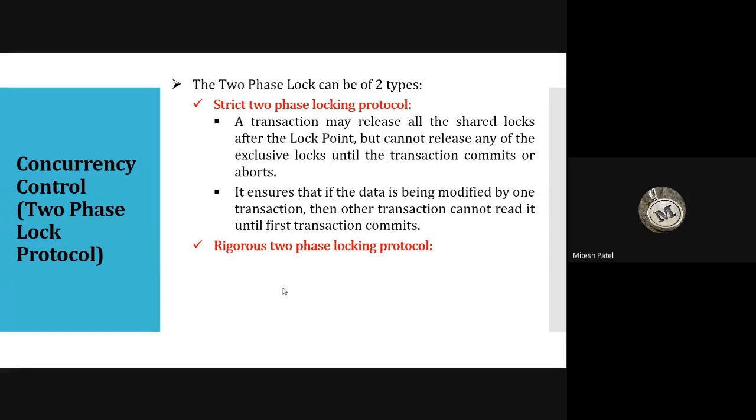It can release shared locks after the lock point, but cannot release any exclusive lock, because it is modifying. And we have already seen conflict serializability and view serializability, so you get a better idea from that.